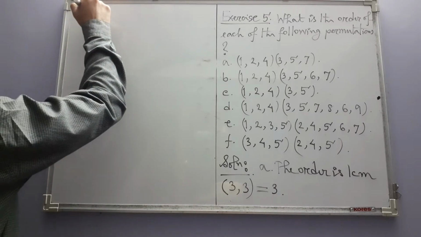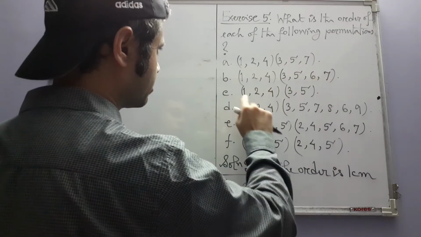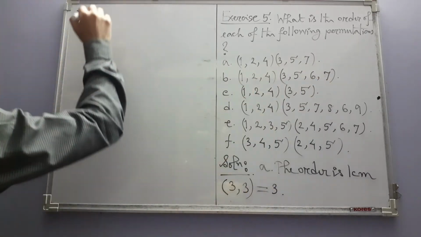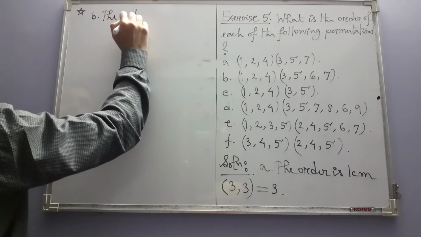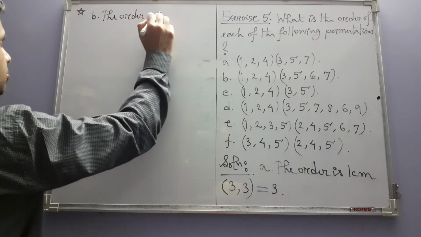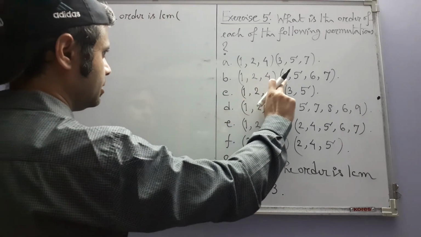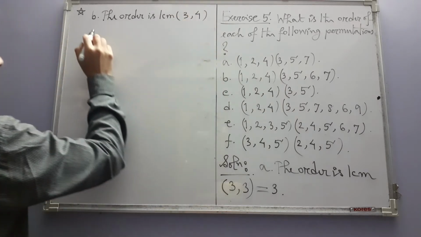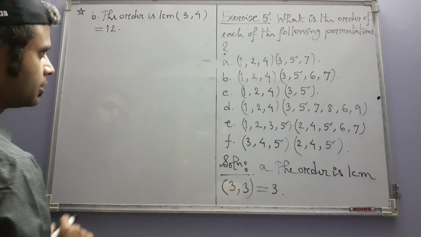Then B, 1 is not there, 2 is not there, 4 is not there, so these are also disjoint cycles. And the order is the LCM of 3 and 4, which is 12. So its order is 12.